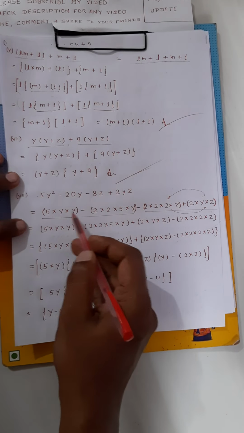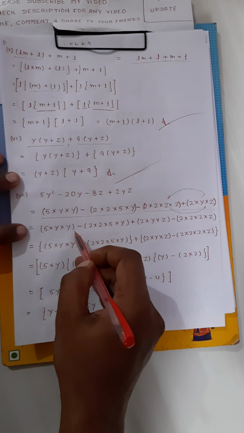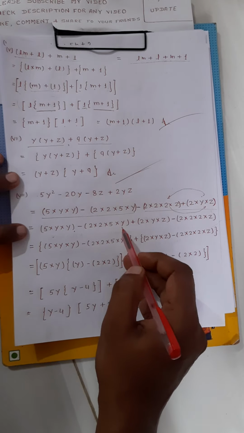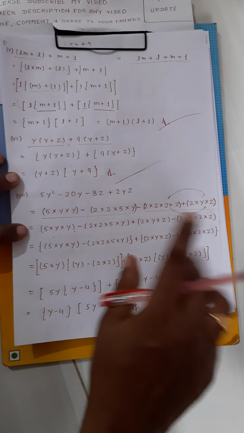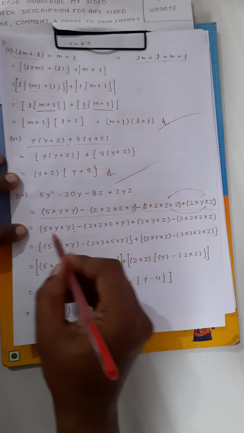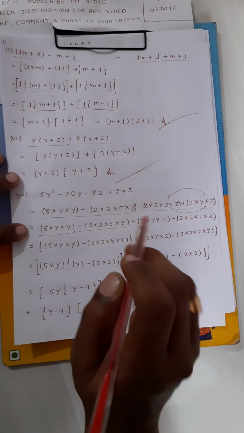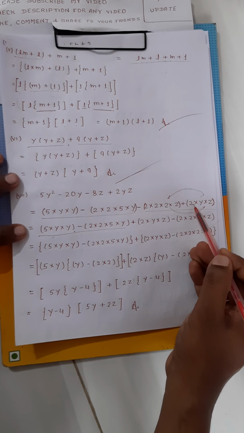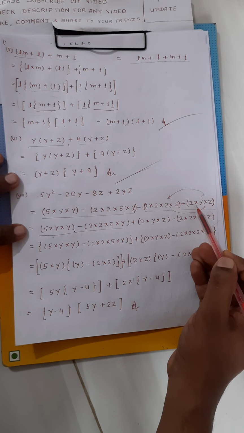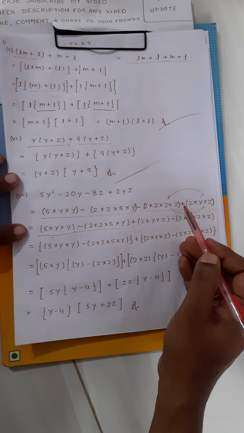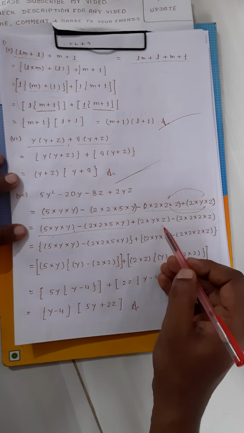Okay, so 5 into y, minus 2 into y, plus y, 5 plus y we will write down here. Okay, now we have completed the first group, and for the second group we will take the first term, it has a plus sign, so we will take it with its sign, plus 2 into y into z.